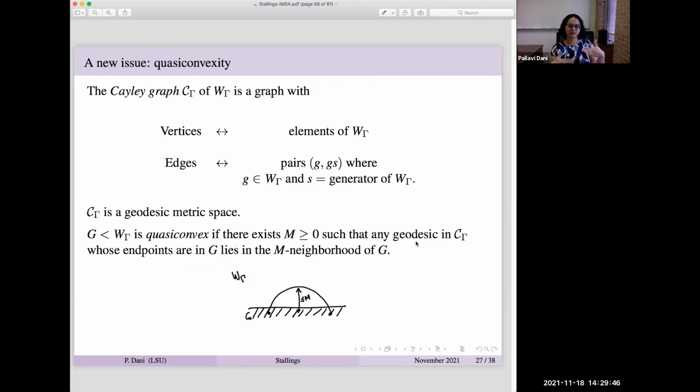Is there a question? Yeah, so Joseph asks, how do you use this completion to compute invariants of the subgroup?